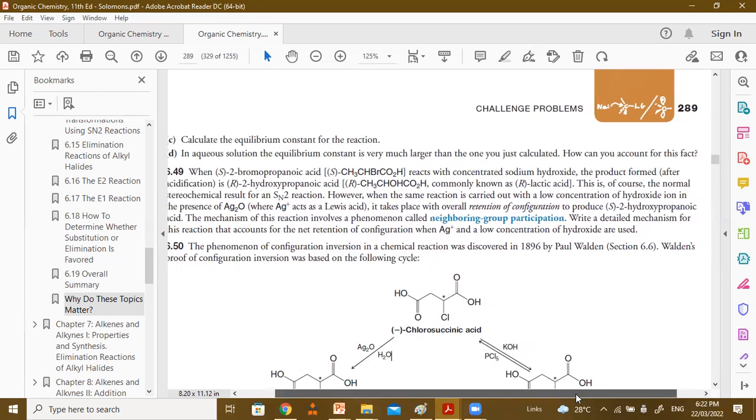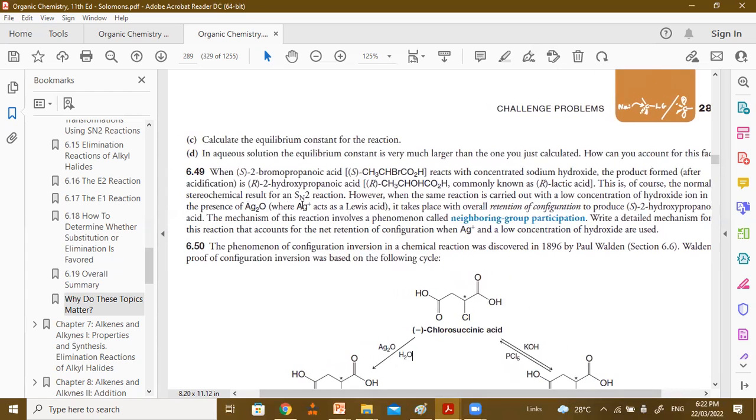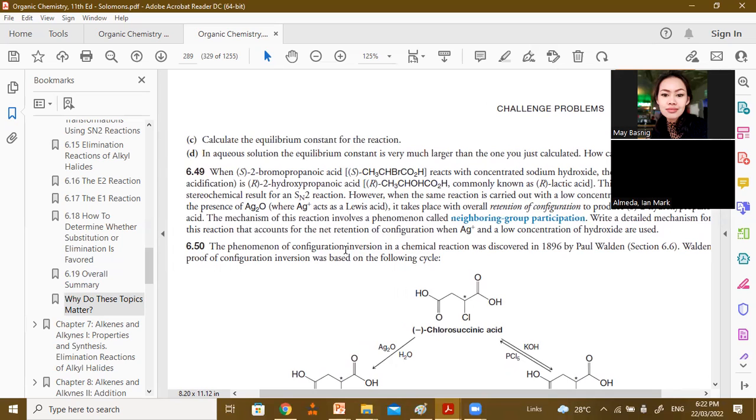So it will assist, no? Actually, this one, your Ag acts also as a Lewis acid. So we will discuss this later. We'll try to solve it not on our time.